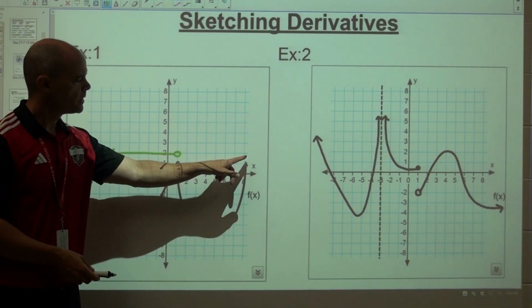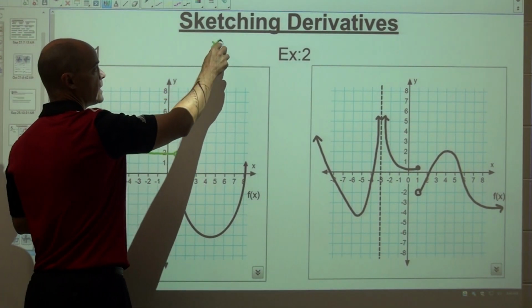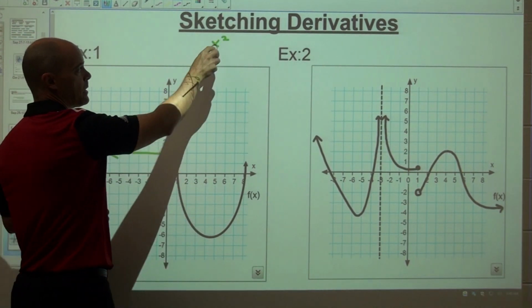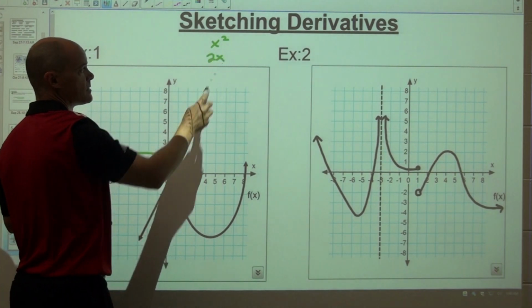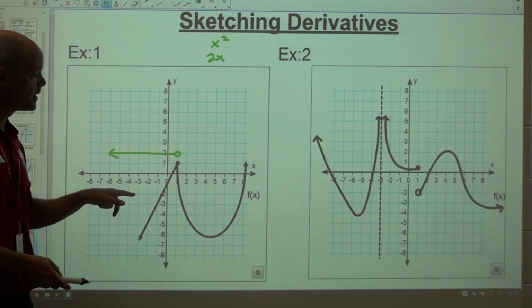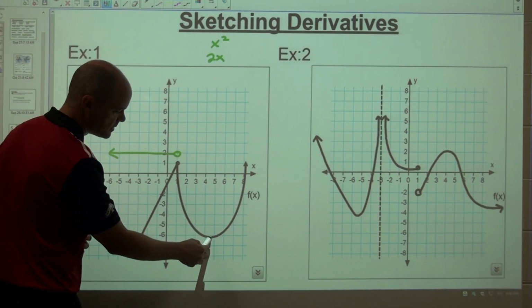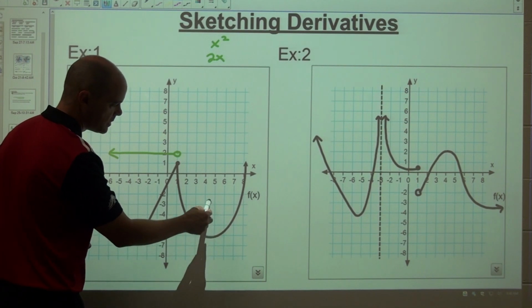If you're already thinking the way I hope you are, this kind of has the shape of an x squared. And the power rule says the derivative of that is 2x. So the derivative of this should be a line, right? Right around 4.5 is when the tangent line has a slope of 0.